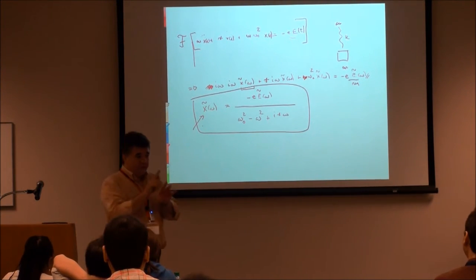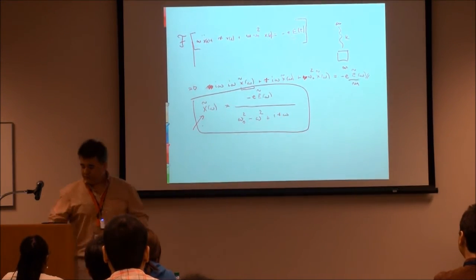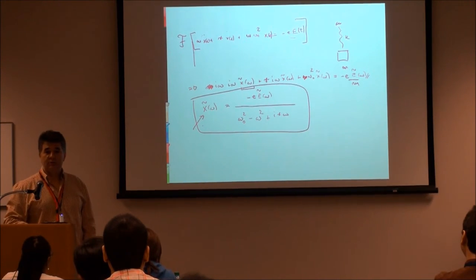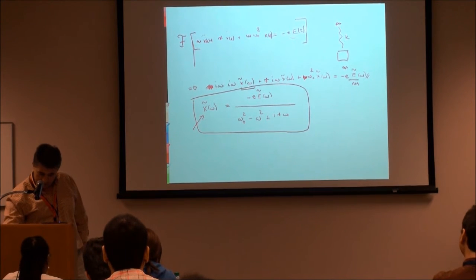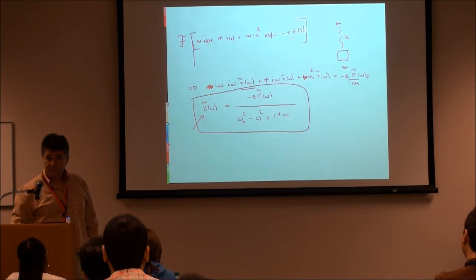I change my frequency to a different omega, omega 1, omega 2. Then I will get another displacement that will be x of omega 2. If I put them all at once, I have a distribution, e of omega now. The response will be this whole function. Okay?